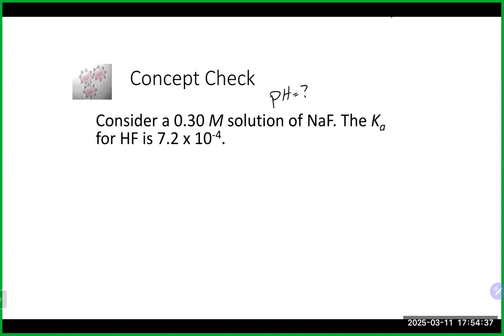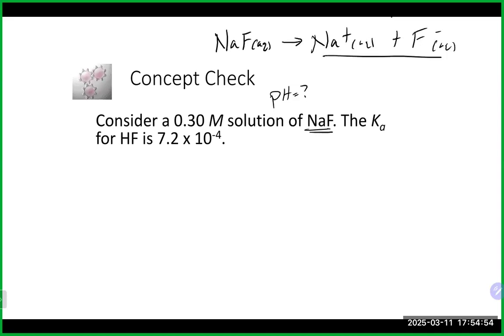Okay, so let's take a look. Once again, we do have a salt given to us, and that is sodium fluoride. Remember, a salt's going to pretty much 100% dissociate into ions in solution, so these guys on the right-hand side will be floating around there.